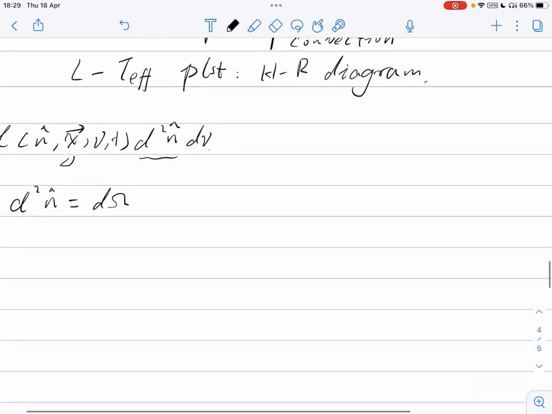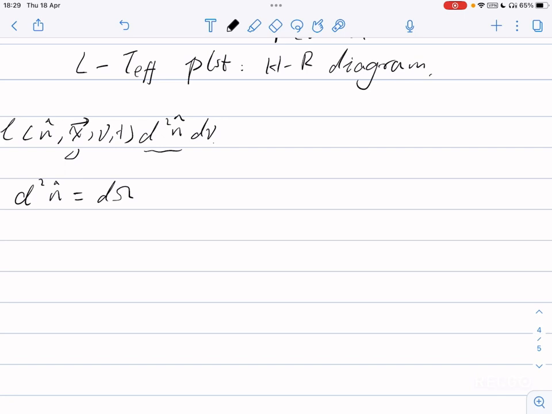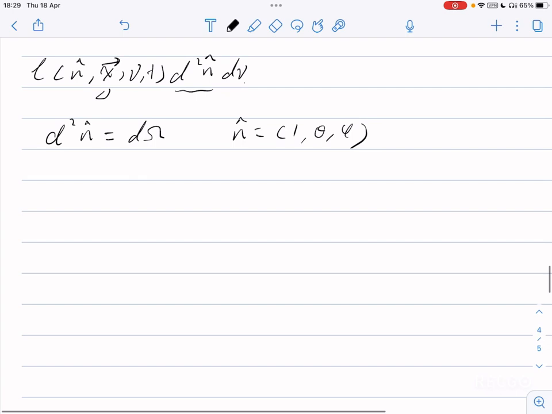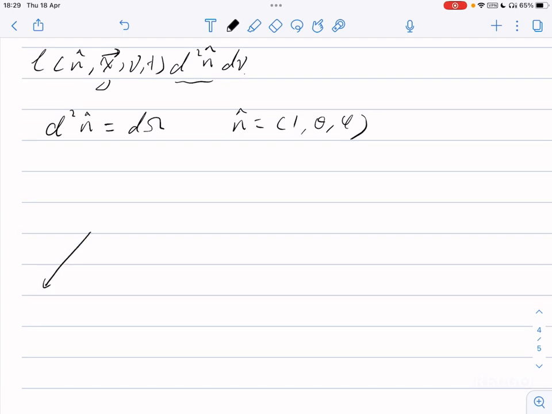So we explain here. A unit vector n can be expressed as (1, θ, φ) in spherical coordinates.